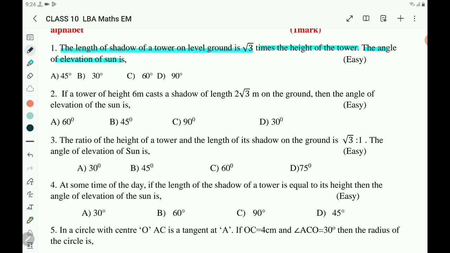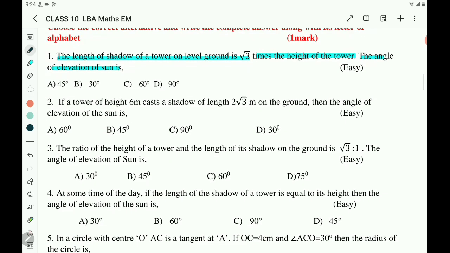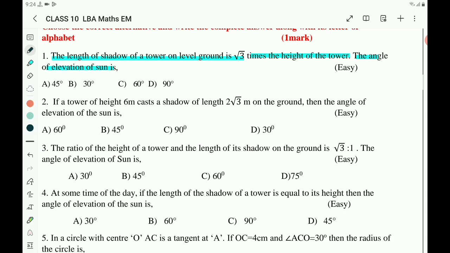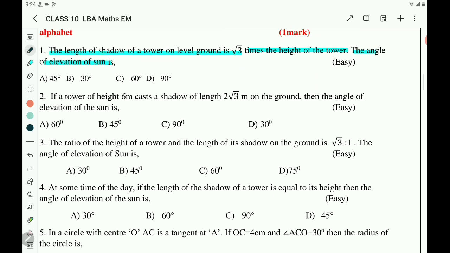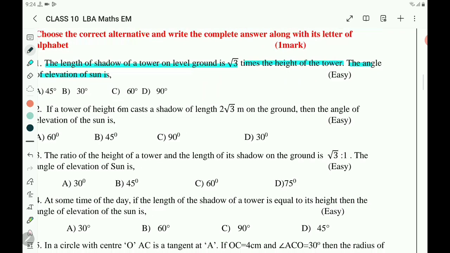Here what is given? The relation between the length of the shadow of the tower and the height of the tower is given. So let us have a rough sketch here. Let us take AB as the height of the tower and BC as the shadow.